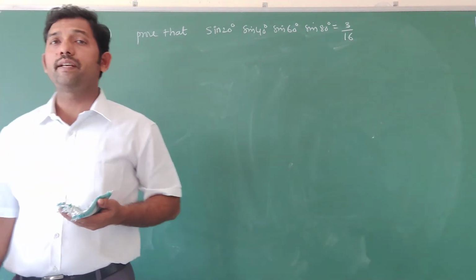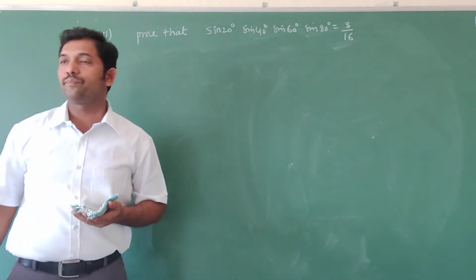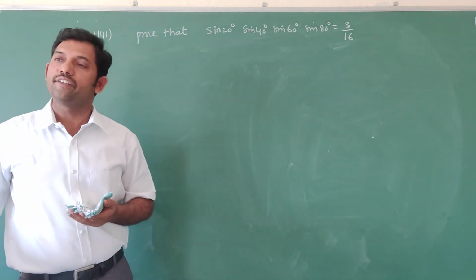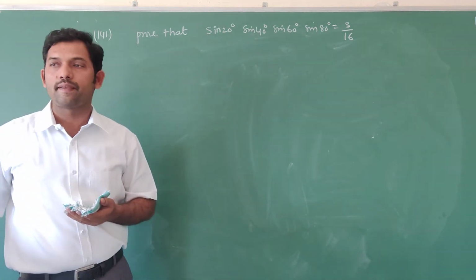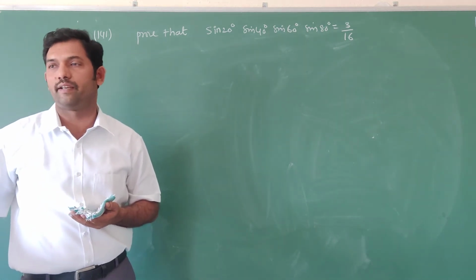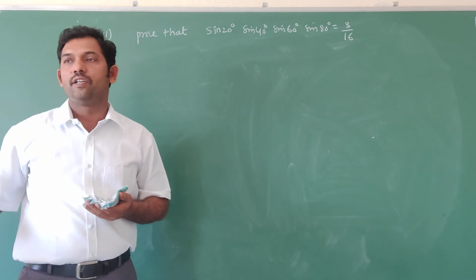The problem is related to 4 sin A sin(60 plus A) sin(60 minus A) equal to sin 3A. So, related question, right?